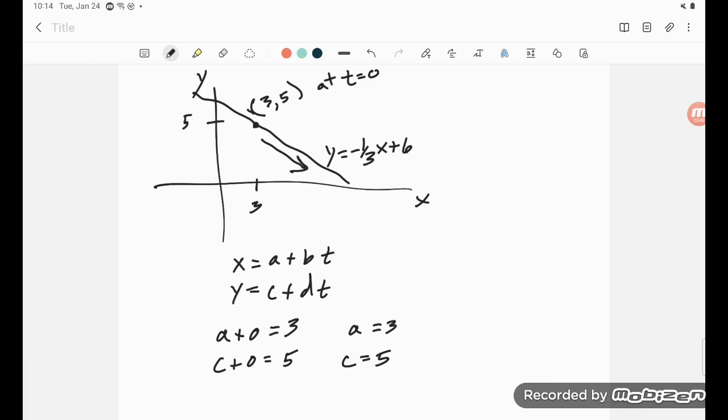But now it gets a little tougher in that before, what I need is a time. And, well, they didn't give me a time. They gave me a rate.